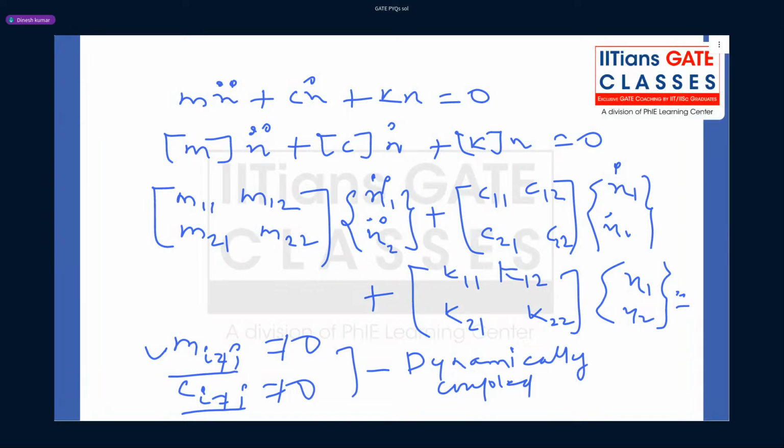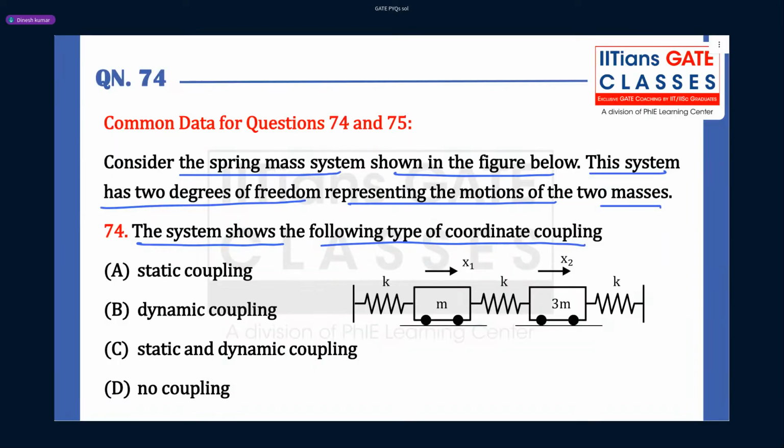Now if you check your given system and try to find your equation of motion, you will see your mass matrix is not coupled. Anyway, the C matrix is 0 because there is no damping, and your K matrix will be coupled, meaning your Ki not equal to J terms will be non-zero.